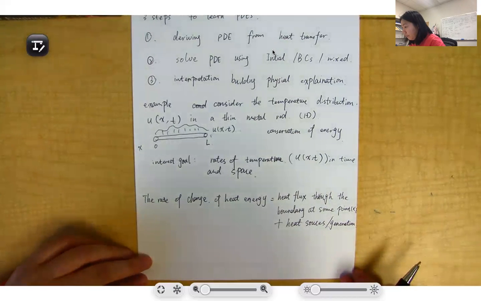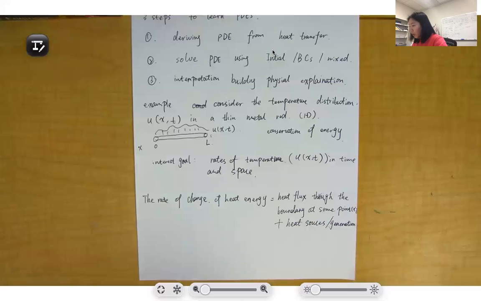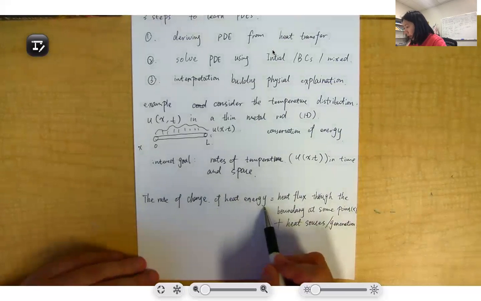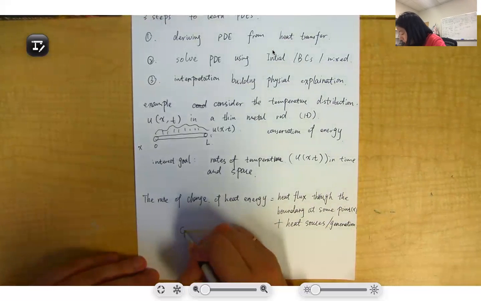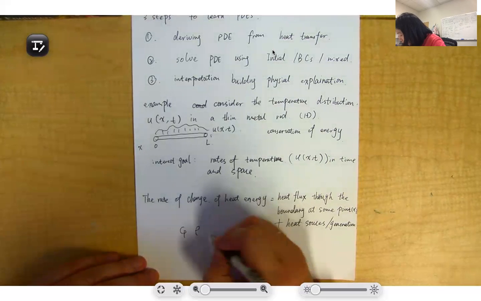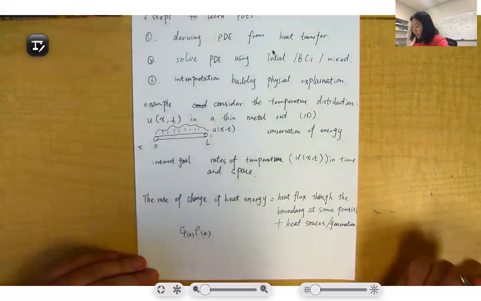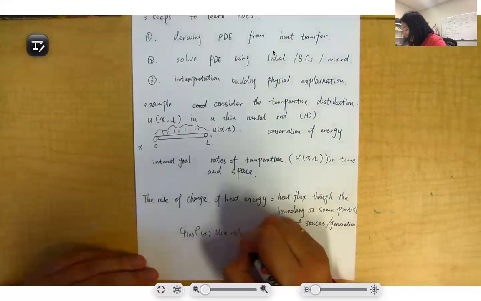Well, if we code it into mathematical form, what is the heat energy? The heat energy is c_p rho u. This c_p can be a function of x, the density rho can be a function of x, and u(x,t) is the temperature.